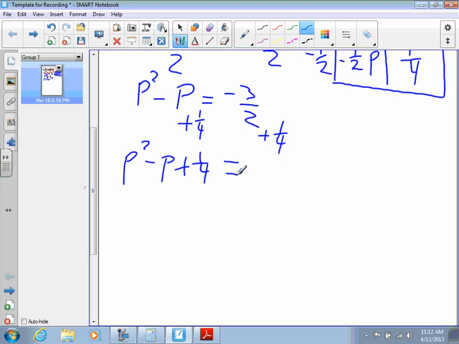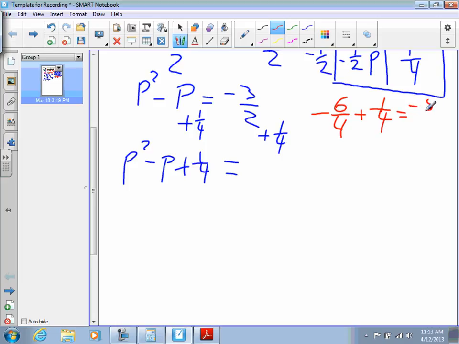Well, let's see. We need to get a common denominator. To make -3/2 into 4s, we need to multiply top and bottom by 2. So I'm now going to have -6/4 plus 1/4.